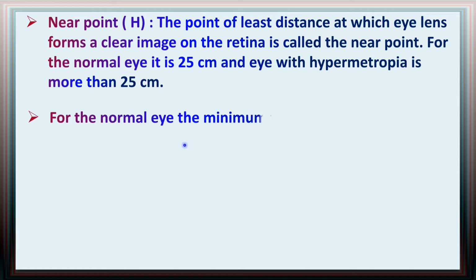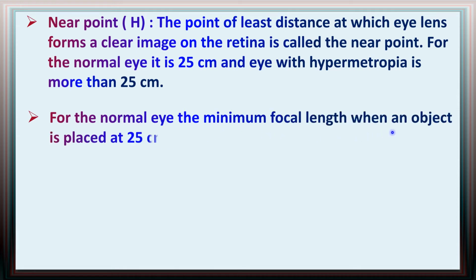For the normal eye, you know this: the minimum focal length when an object is placed at 25 centimeters distance is 2.27 centimeters. You know the limits of focal length in the case of a normal eye. We have already learned these things.